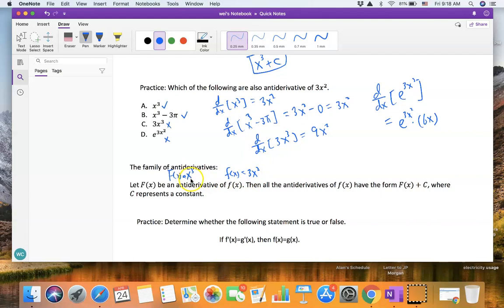So x to the third is an antiderivative of 3x squared. Then all the antiderivatives of 3x squared have the form x to the third plus a constant.